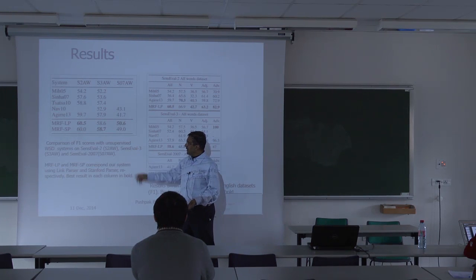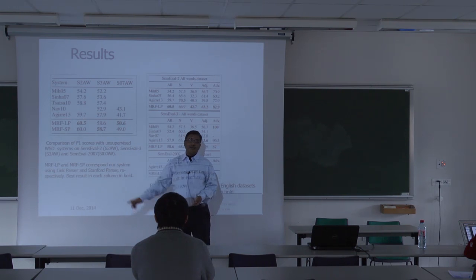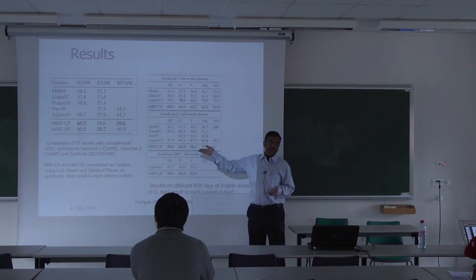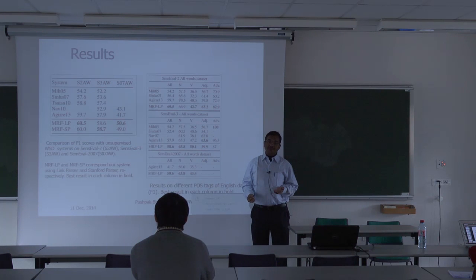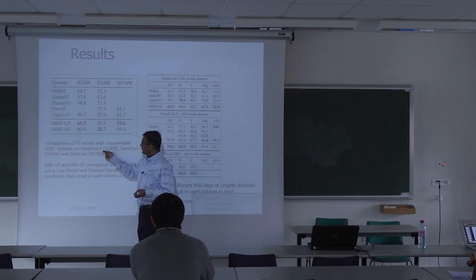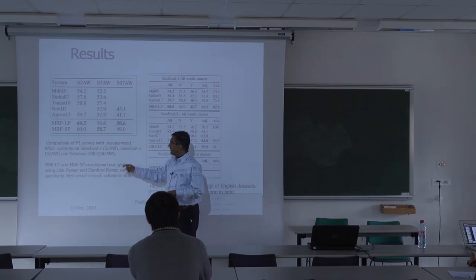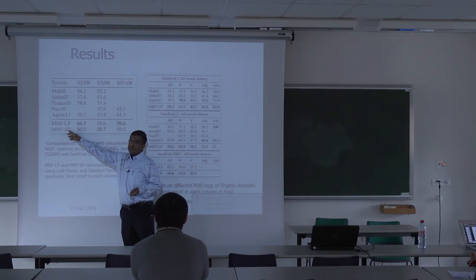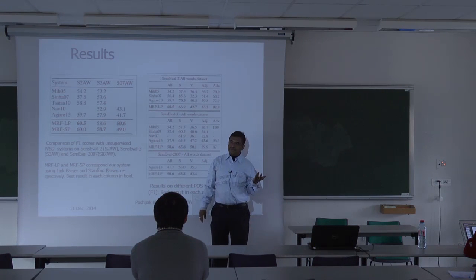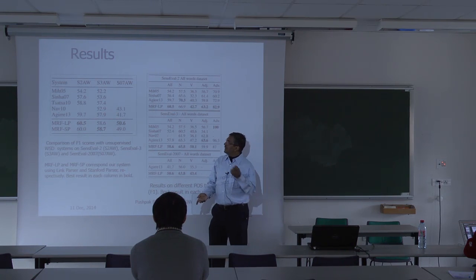SensEval 2, 3 and SemEval 2007, all their corpora are available, and these are standard benchmark data for word sense disambiguation algorithms. We have made use of the Link parser as well as the Stanford dependency parser to capture the dependencies, create the graph and impose the Markov random field.